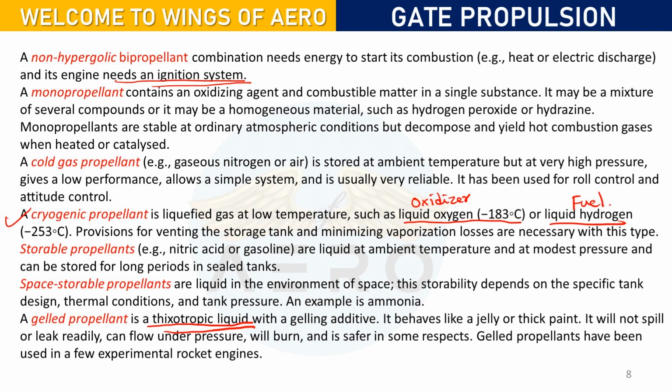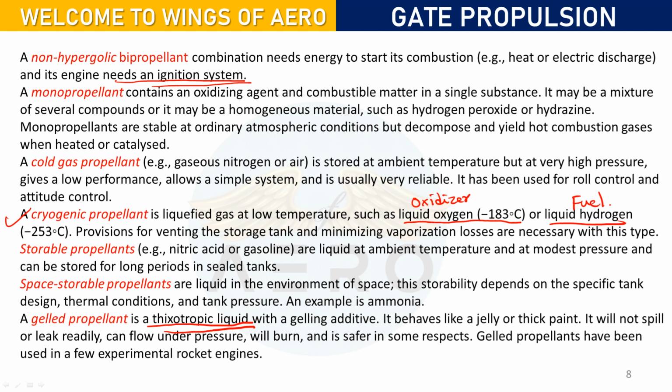Likewise we have a few more types. We have non hypergolic, that means we need a separate injector system to combust both the fuel and the oxidizer. Monopropellant has a substance that burns by itself, for example hydrogen peroxide.